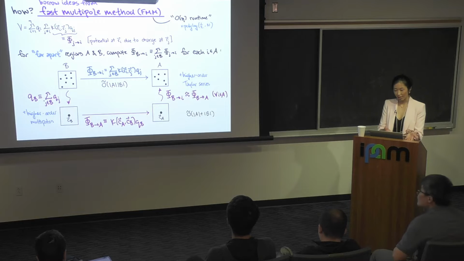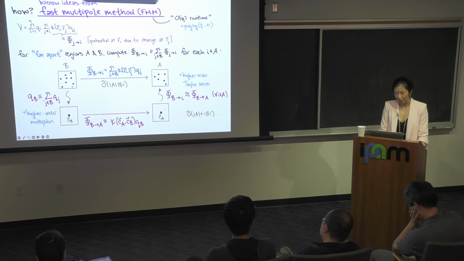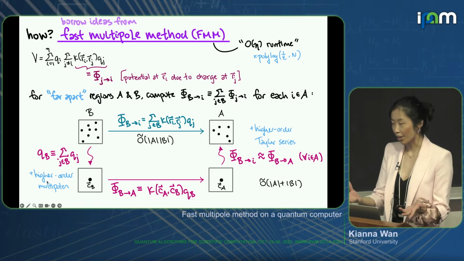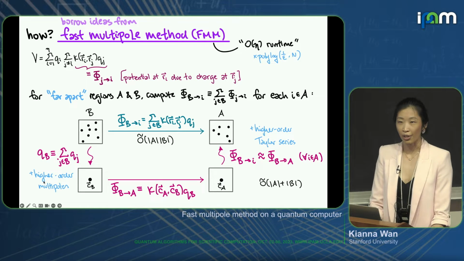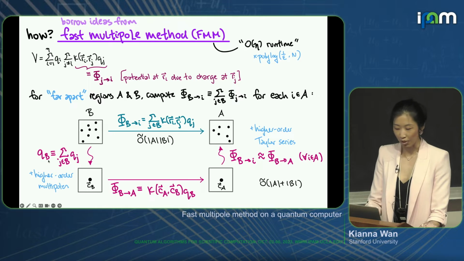Right, so how do we attain arbitrary accuracy? What we've done here is essentially the 0th order approximation. To get better accuracy, instead of considering just the total charge in B, we can keep around higher order multipole moments. The total charge is just the monopole.